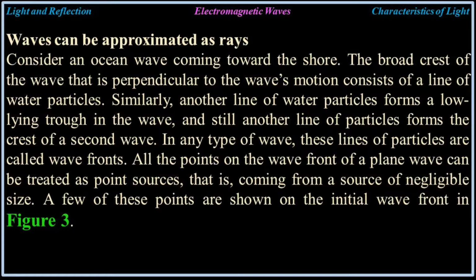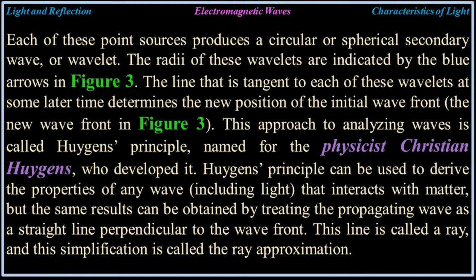All the points on the wave front of a plane wave can be treated as point sources. That is, coming from a source of negligible size. A few of these points are shown on the initial wave front in Figure 3.